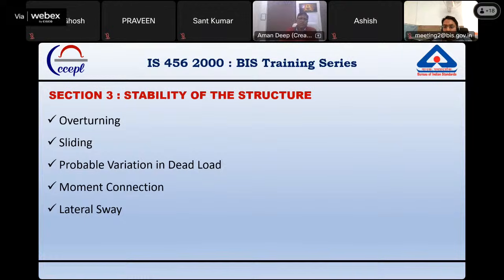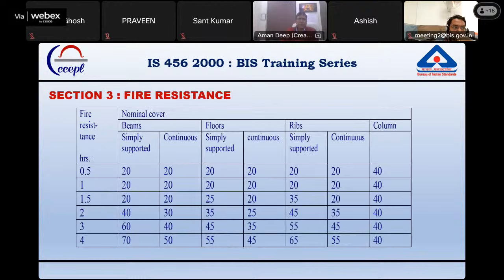For stability of the structure, we need to consider overturning, sliding, probable variation in dead load, moment connections, lateral sway, and all these things. Fire resistance: for normal buildings, generally we talk about a 2-hour fire rating, and the fire safety requirements are governed by the National Building Code of India, Part 4 fire safety chapter, and IS 456 gives us different requirements to meet that fire resistance requirement.